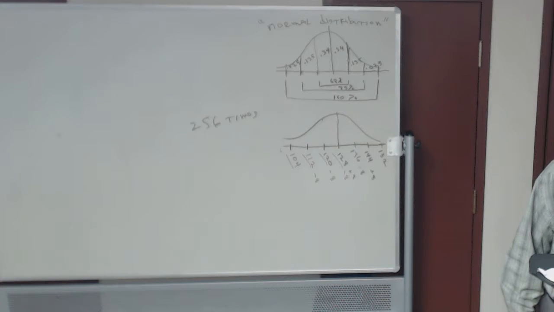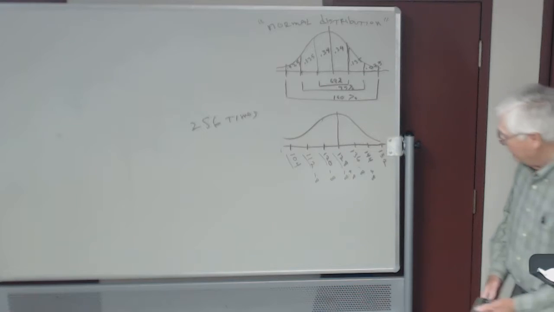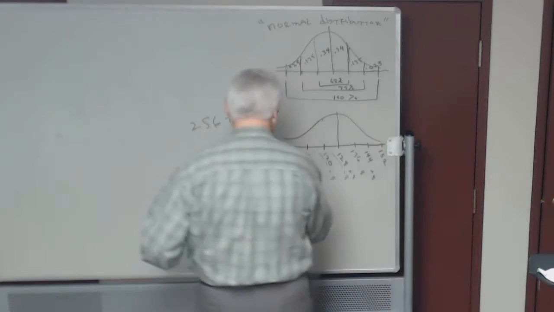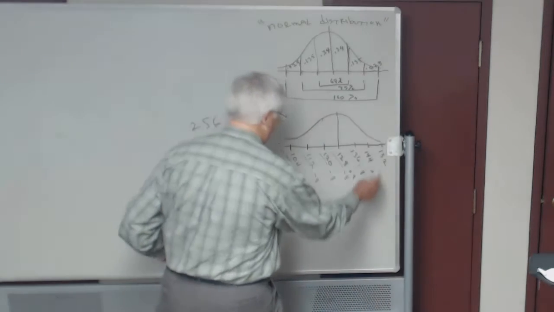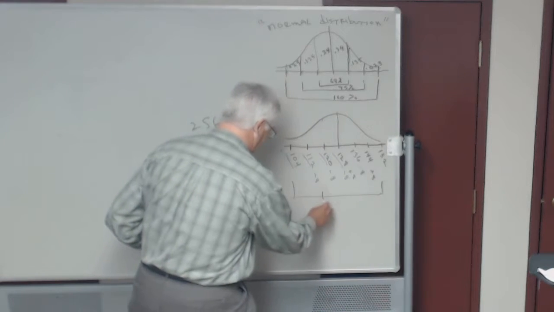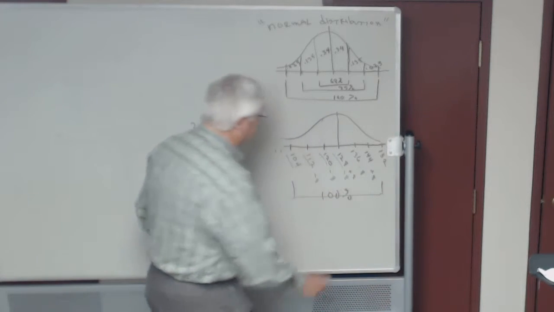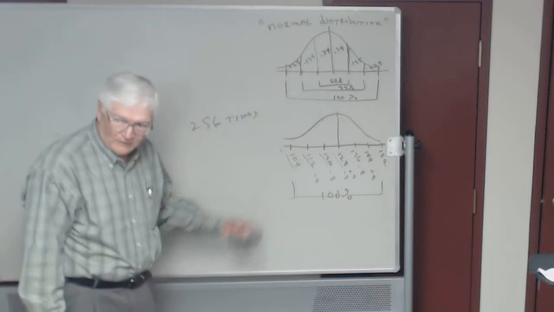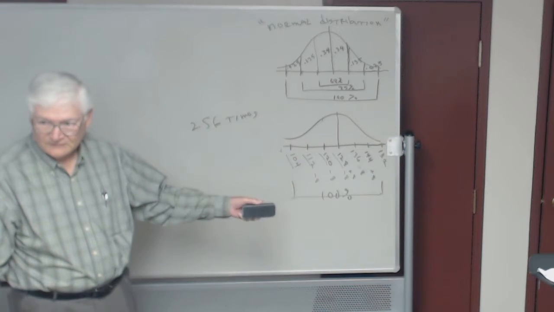6A. Within what limits will we be almost 100% confident that the total number of heads in 256 tosses will lie? 100% confidence goes from here over to here. So what are the 2 possibilities?